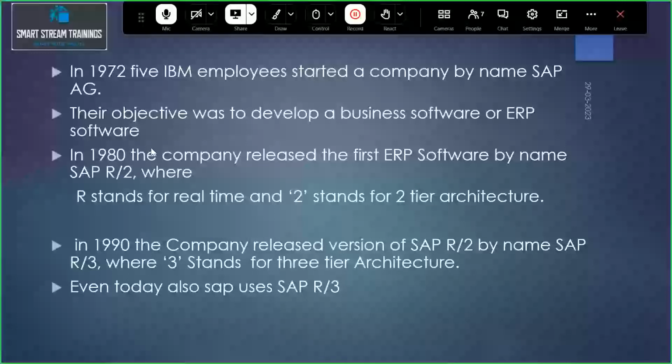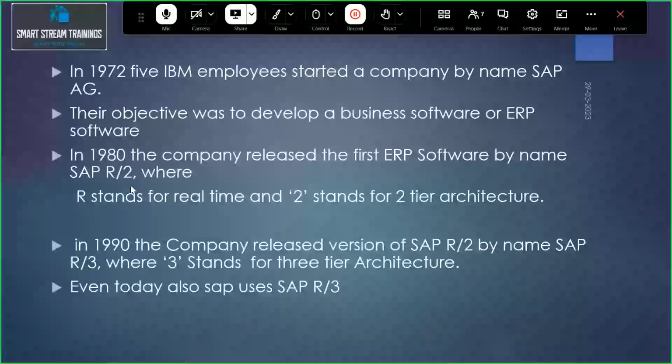In the earlier days, when there was no internet world, they started with a small object. With R/1, they started working with the servers at that time, designing just server-related programming. Then in 1982, they designed the R/2 architecture.